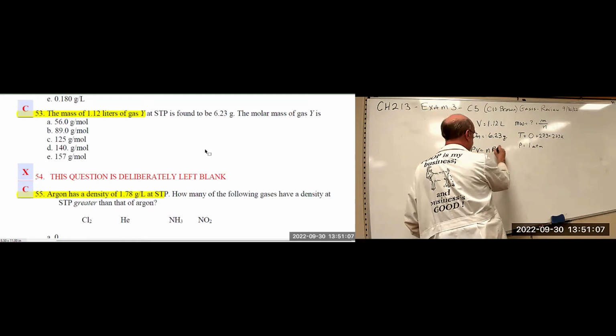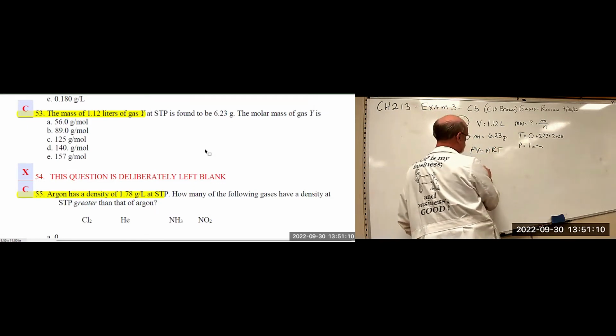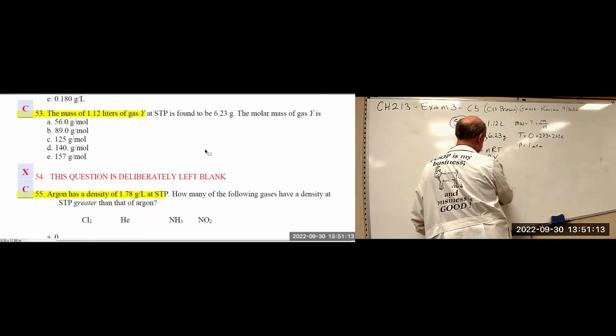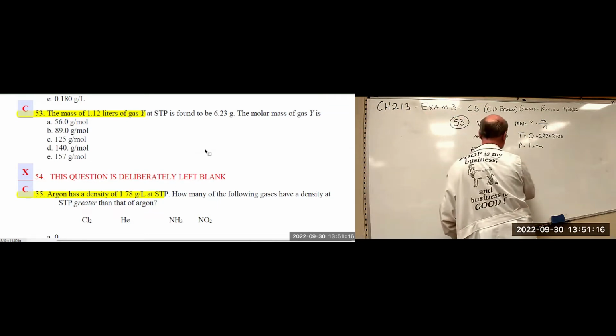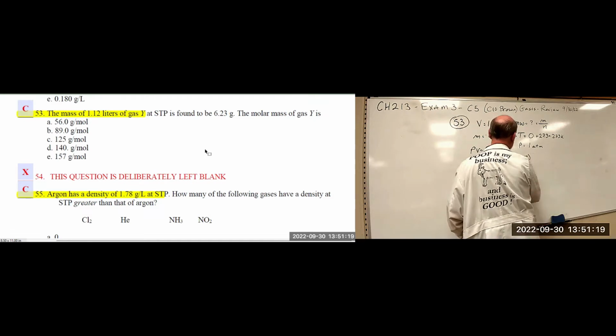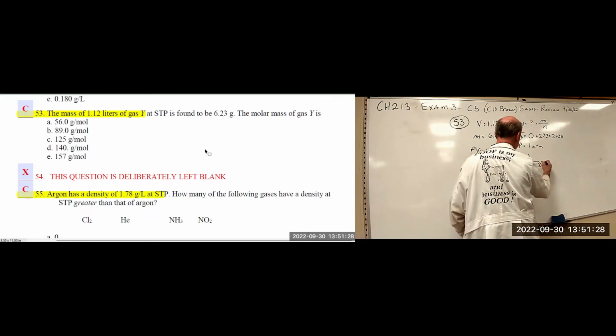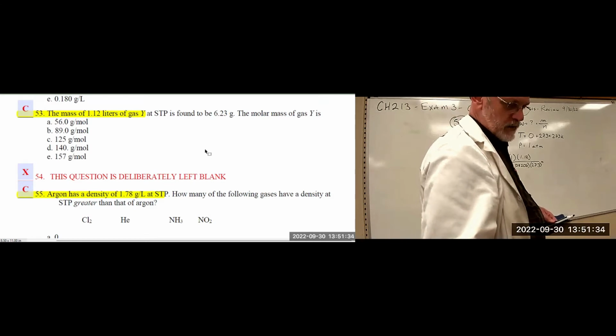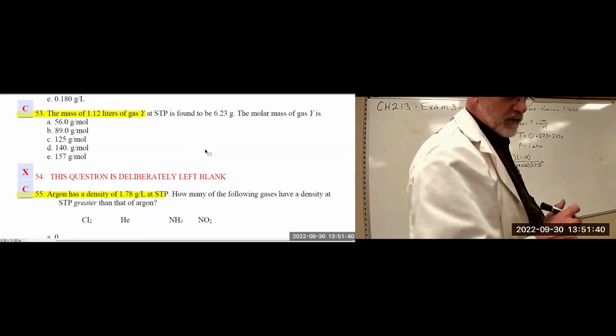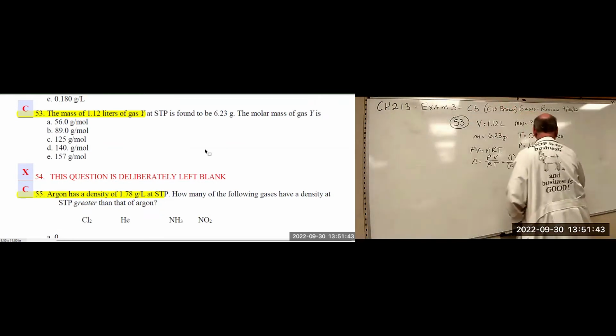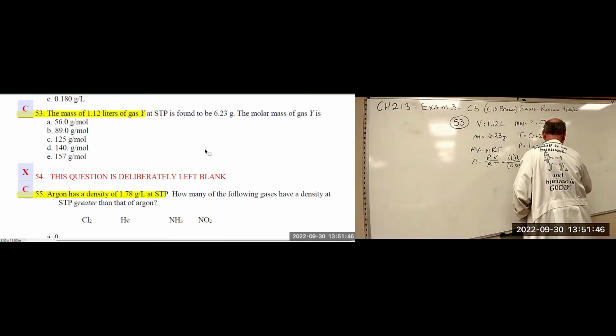PV equals nRT. Number of moles equals PV over RT. So pressure is 1 atmosphere. Volume is 1.12 liters. R is 0.08206. And temperature is 273. So that would give us the number of moles. 4.999 times 10 to the minus 2 moles.